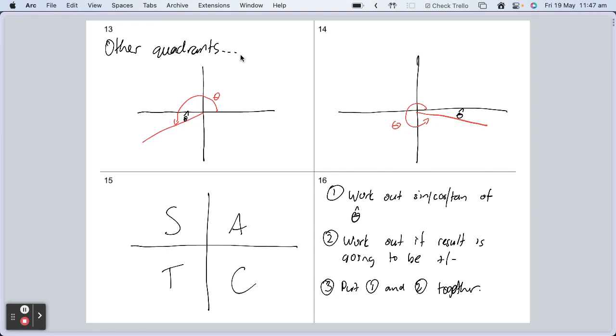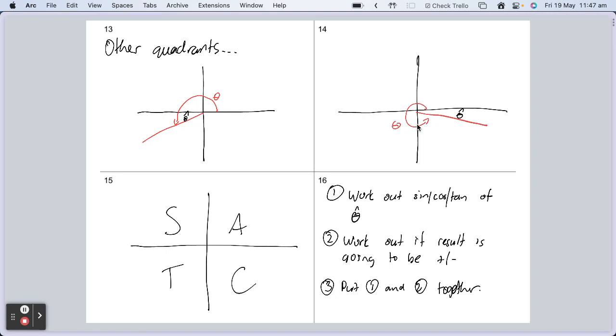So let me take angles beyond 2 pi to start with. If I had 3 pi, then 2 pi would get me all the way around once, and then another pi would get me across to here. Okay?